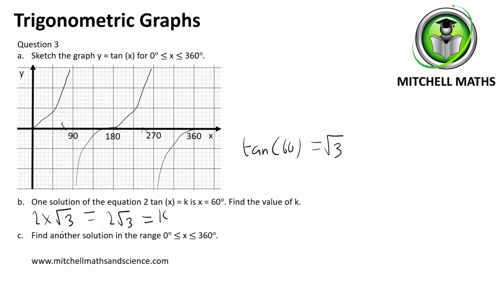So to find my other solution I just need to add 180 degrees onto 60, which will give me 240. So that's my answer to that question. The other solution is x equals 240 degrees, because tan 240 would also be equal to root 3, just like tan 60.